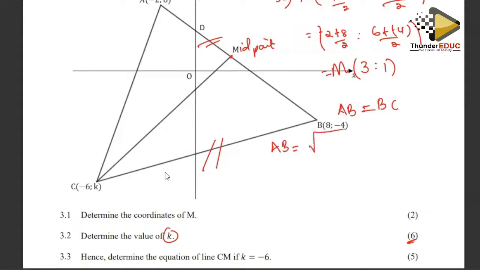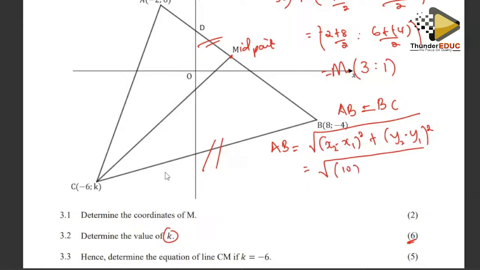So the distance formula is going to be the square root of x2 minus x1 squared plus y2 minus y1, everything squared. When I do the substitution, that's going to be 8 minus -2, which is 10 squared, and then -4 minus 6, which is -10 squared.